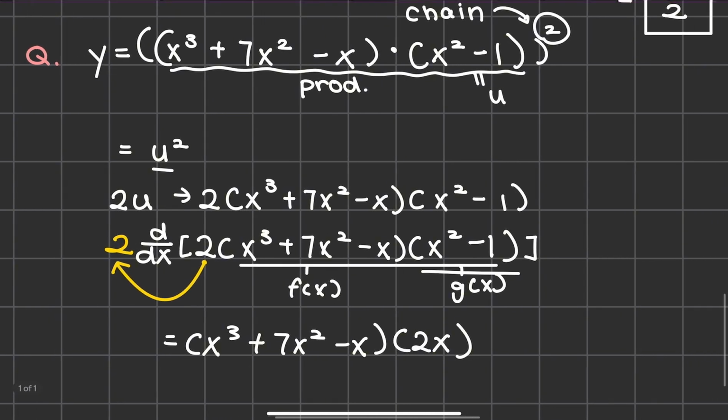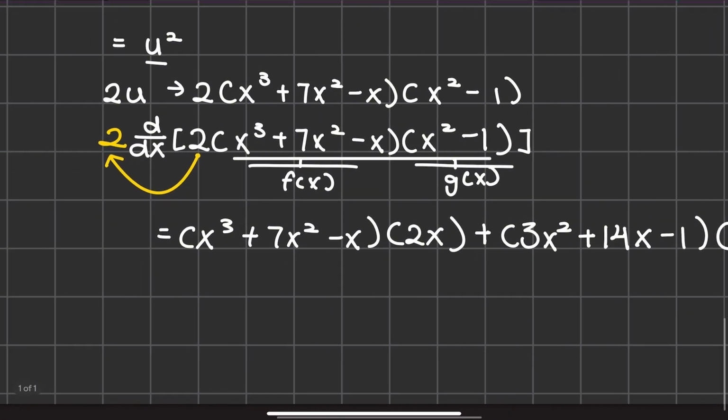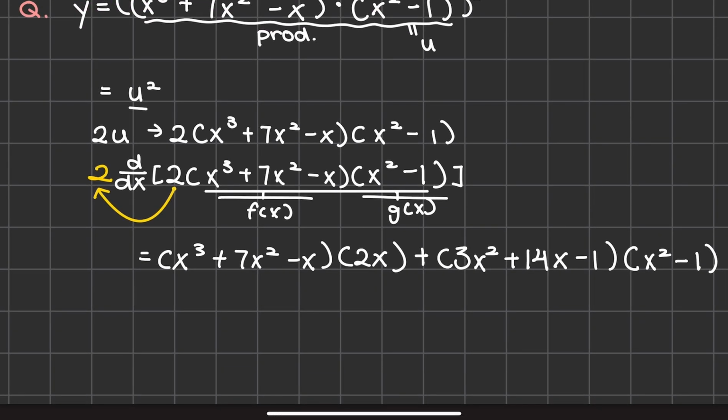And that entire thing we just have to add to the derivative of the first function, which is 3x squared plus 14x minus 1, and that entire thing we then just have to multiply by g of x, which is x squared minus 1. In that case, we just have to multiply this entire thing by 2. And since I don't want to simplify it, we'll be going over how to simplify this huge thing in another video. That's our answer.